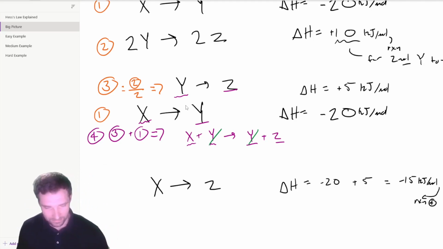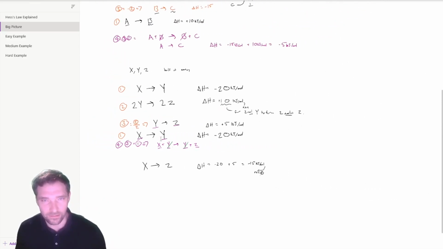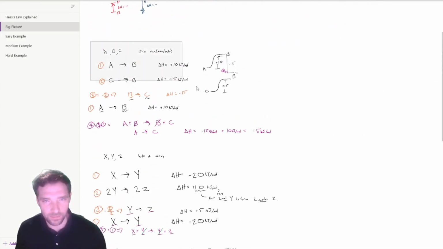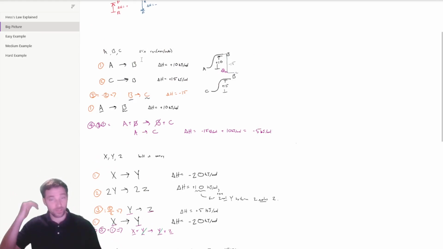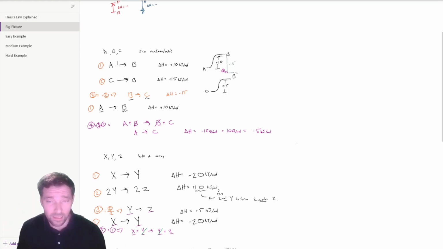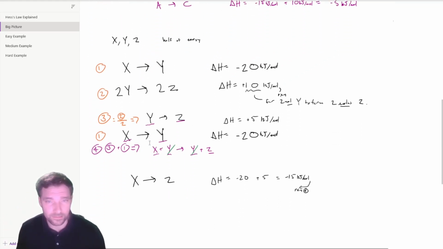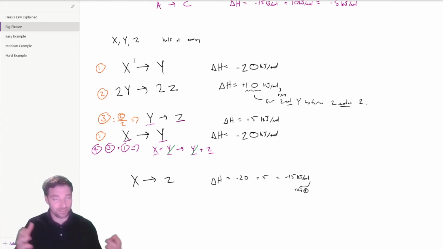So that's the main idea: you're trying to cancel things out, and you're probably going to have to cancel things out by either flipping the signs, which corresponds to these things now being the opposite reaction, so they're kind of going up the hill or down the hill a certain amount, or you can think of them as maybe having to multiply or divide by a certain number of energy, because if you've got more reactant, it should be releasing more energy if it's forming some product in an exothermic reaction, or vice versa if it's endothermic.